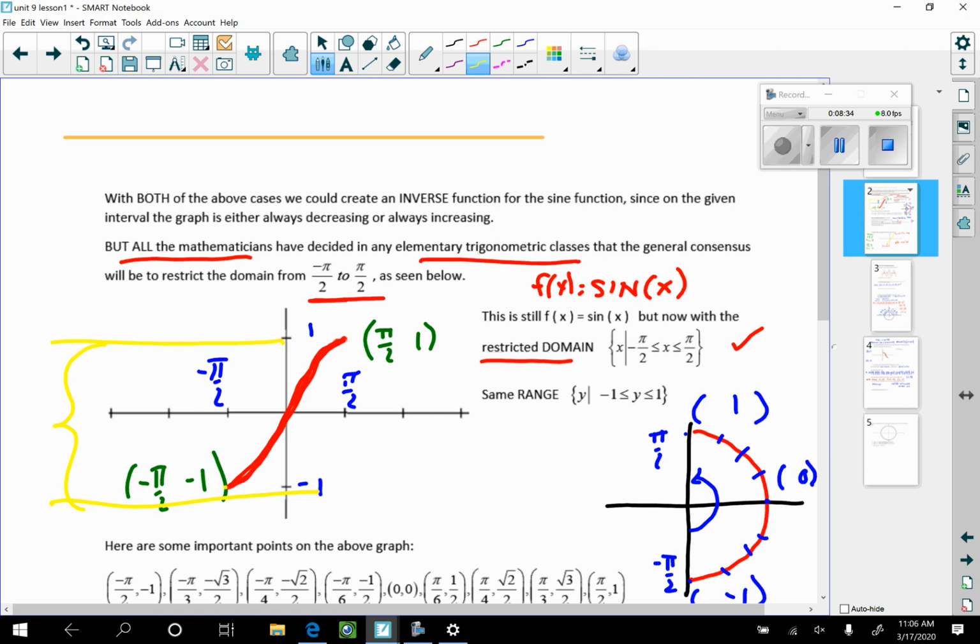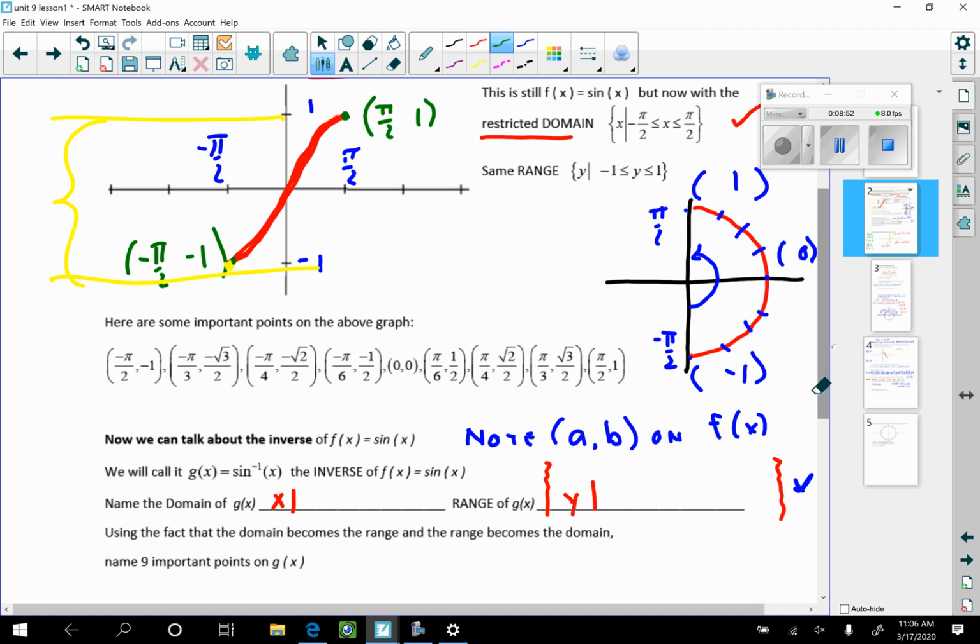So if I label these 2 points here, and we're going to see those in a little bit, I have that point right there, which is -pi over 2, -1, and pi over 2, 1. And just think about this picture. So here are some very nice important points on the graph of the sine with this restricted domain.